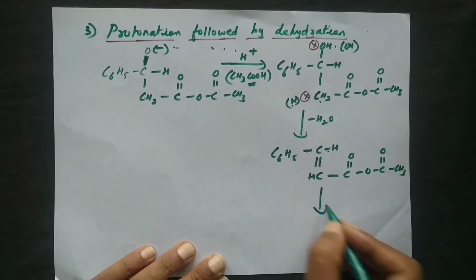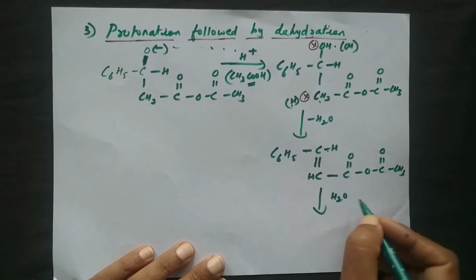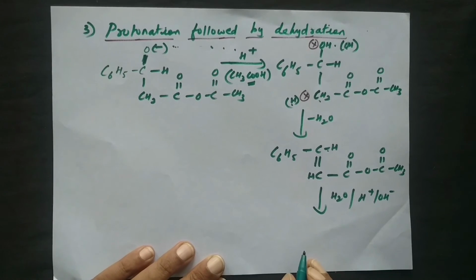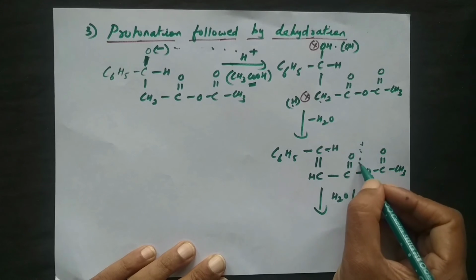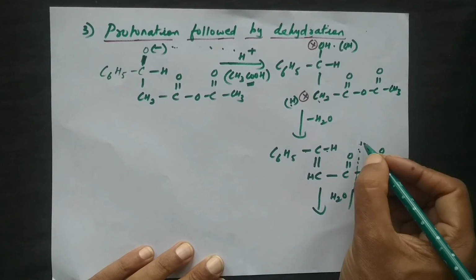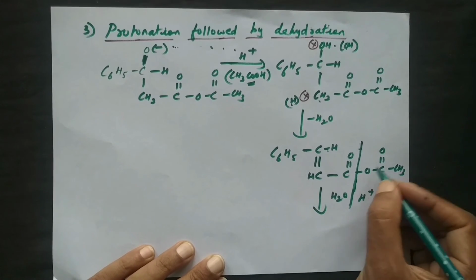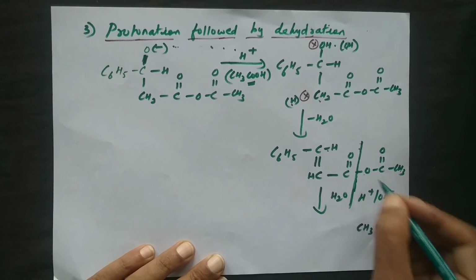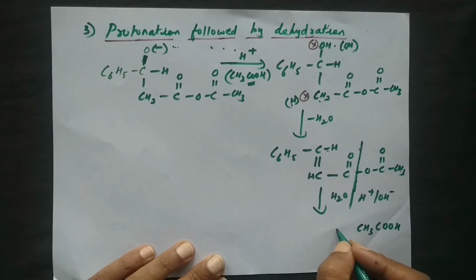The final step will be hydrolysis. We will have water, H plus and OH minus. At this particular place, it will break here and H plus will go there. What remains there is CH3COOH. So it will be CH3COO with an H, acetic acid.